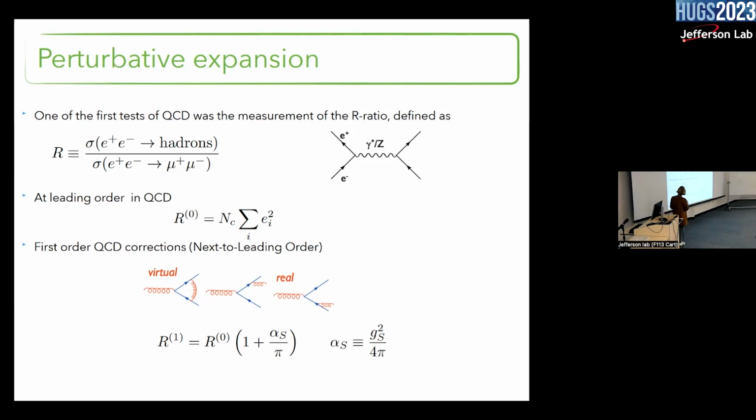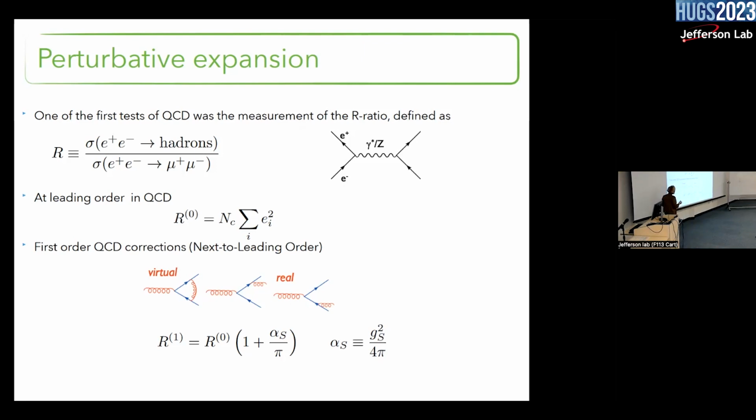So this is the ratio of e+e- going into hadrons and e+e- going into muons. So it's the ratio of what happens whenever you have q q-bar or mu+ mu- at the parton level.